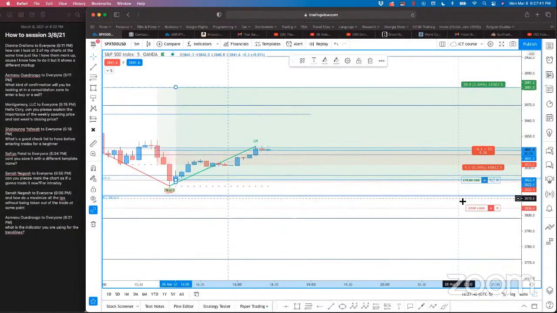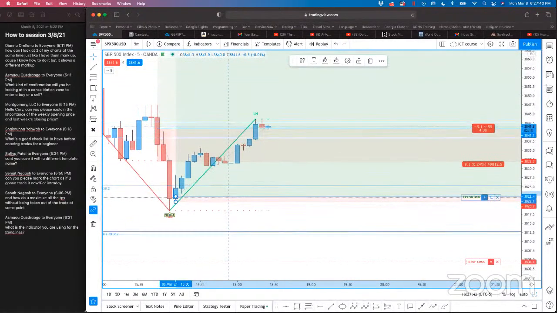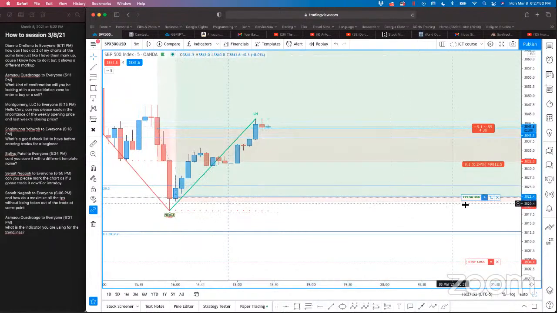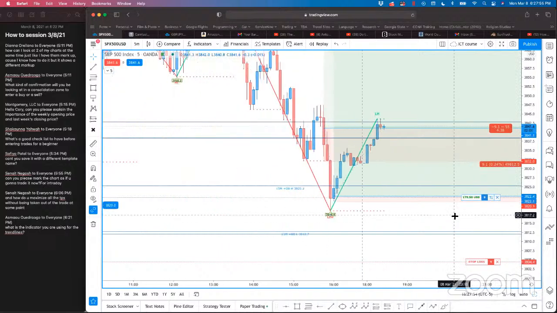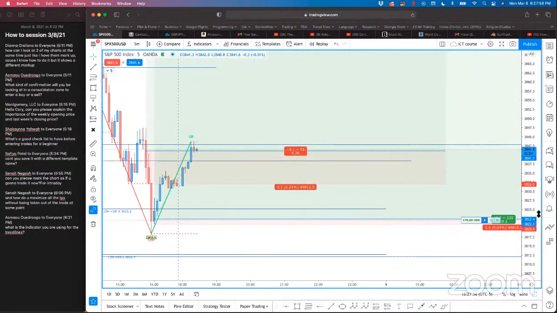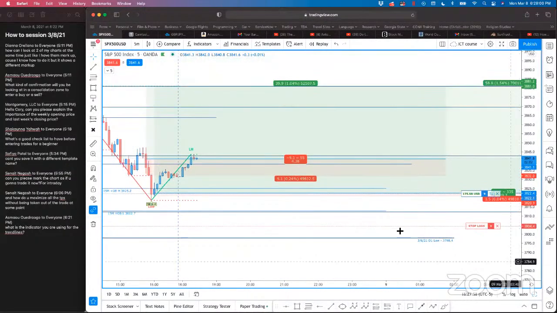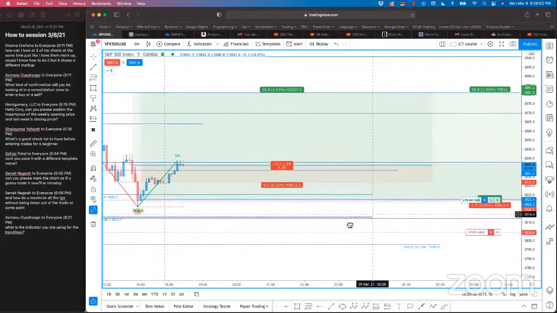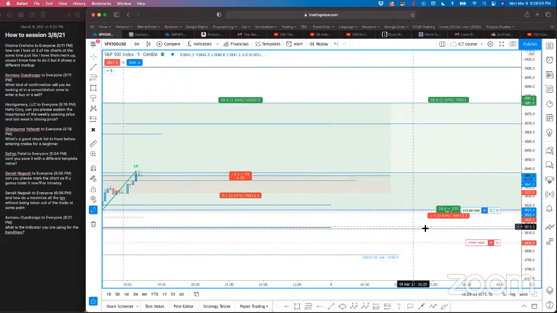Let me go to the lower time frame. Okay. So on this trade, we only had maybe 15 pips of drawdown, maybe 15.